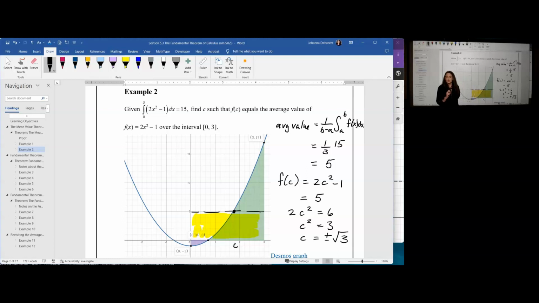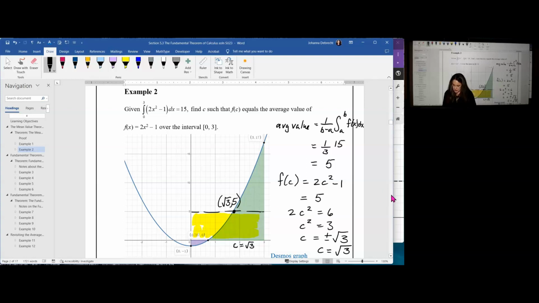However, the negative root of 3 is not in the interval from 0 to 3. It's not the c I'm looking for. The one I'm looking for that's in the interval from 0 to 3 is the square root of 3. And that means that here on the graph, we actually have the point (square root of 3, 5).